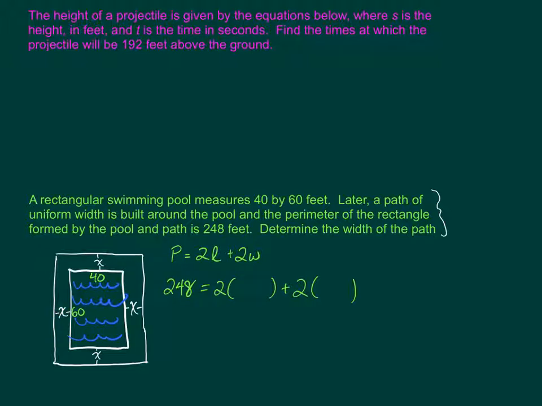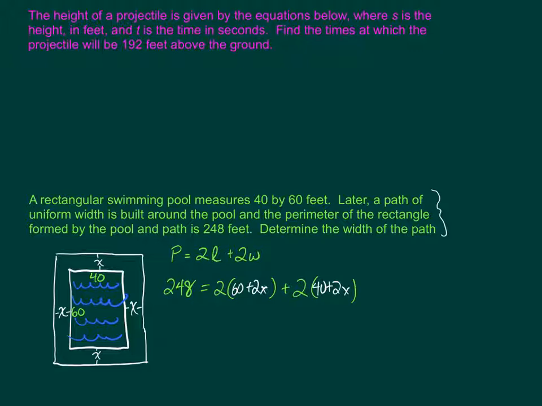Well, it turns out each path on the left and the right of the pool measures x. So if we add 40 and these two x's, we just get 40 plus 2x. And we can do the same thing for the length. The length of the pool is 60. The length of the entire rectangle is the length of the pool plus this little bit plus this little bit. That will be 60 plus 2x.